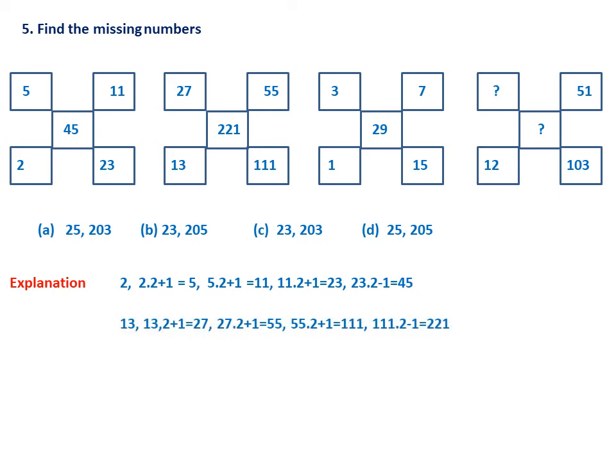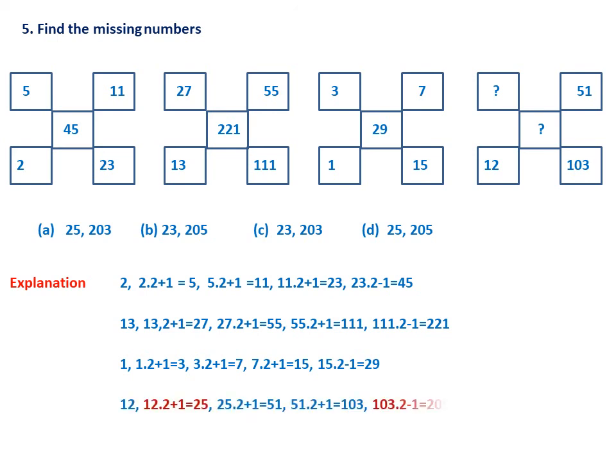Same thing we can check here, the remaining 13, then 13 into 2 plus 1, 27, 27 into 2 plus 1, 55, then 55 into 2 plus 1, 111, 111 into 2 minus 1, so 221. Like that, the third also we can check. 1 into 2 plus 1, 3, 3 into 2 plus 1, 7, 7 into 2 plus 1, 15, 15 into 2 minus 1, 30 minus 1, 29.